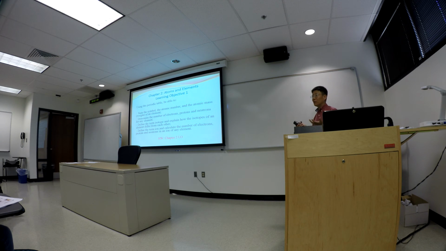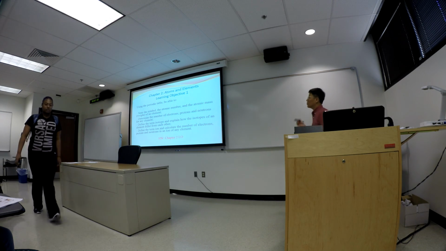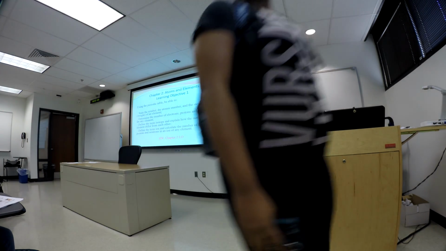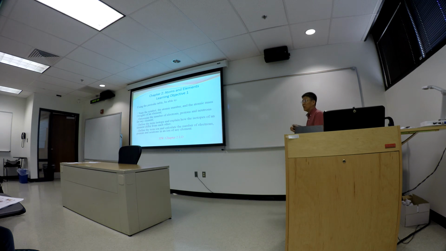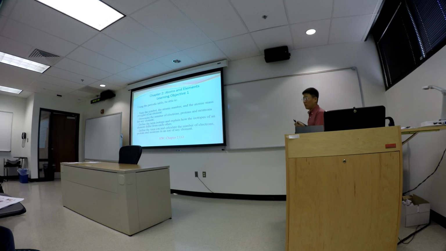Okay, so the first learning objective here is that we want to give you a basic review of what the periodic table is. How do we categorize different types of atoms and elements? We use the periodic table. So using the periodic table, we need you to be able to state the symbol, the atomic number, the atomic mass, or atomic weight of an element, and be able to determine the number of electrons, protons, and neutrons in any given element based on the information you can find in the periodic table.